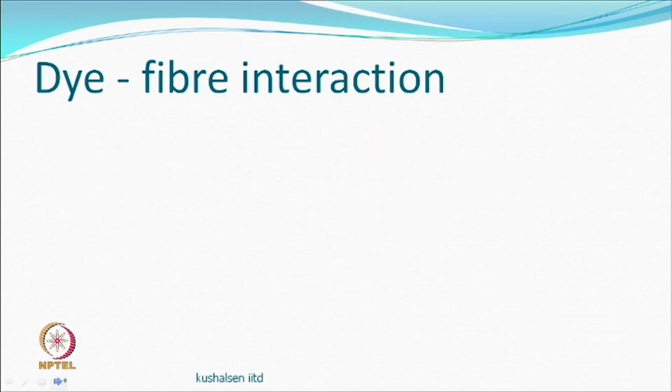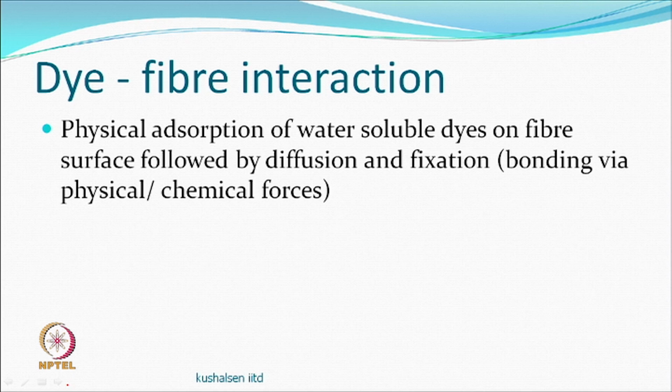Let us first look at our revision, as I said, this is a revision. So, normally what would be happening is that you dissolve the dye in, let us say water. So, we have water soluble dyes.